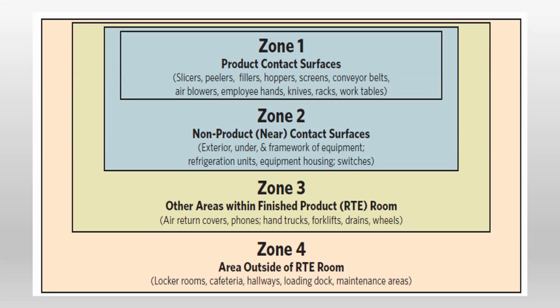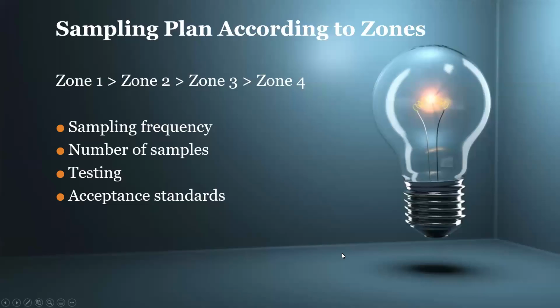Zone 4 is the area outside of the production area, and that can include locker rooms, cafeteria, hallways, loading dock, and maintenance area. If the zones are classified based on their risk level, then they should not be treated as equal in your EMP.